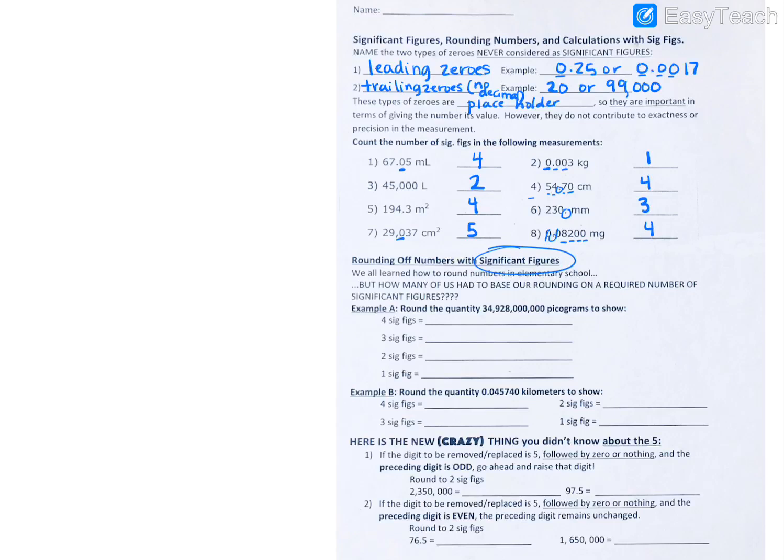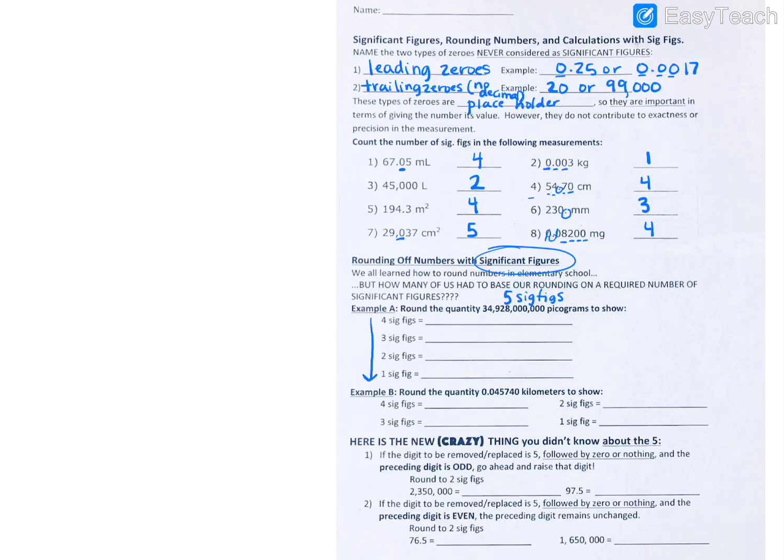Right here in example A, it says round the quantity 34,928,000,000 picograms to show 4 sig figs, 3 sig figs, 2 sig figs, 1 sig fig. We're going to take this number, which right now has 5 sig figs in it, but we want to write the number so that it only contains 4 sig figs, and then 3, and then 2, and then 1.